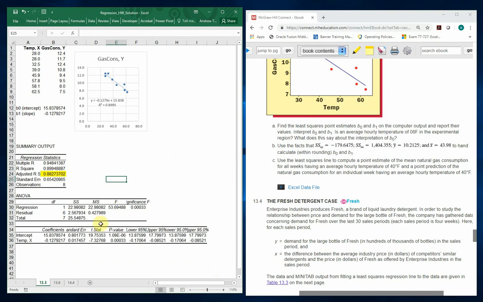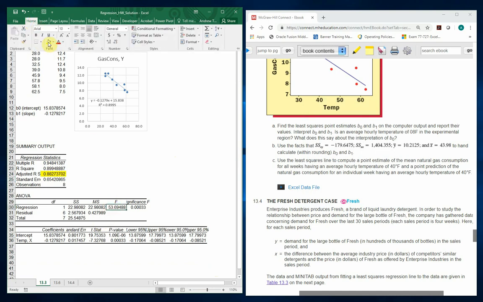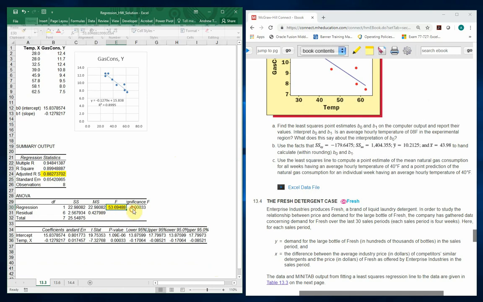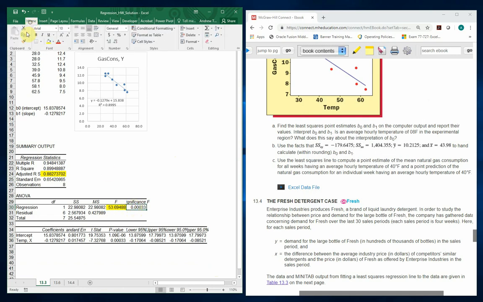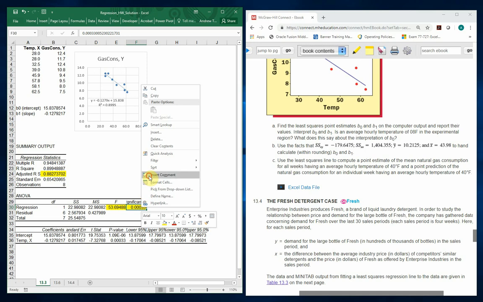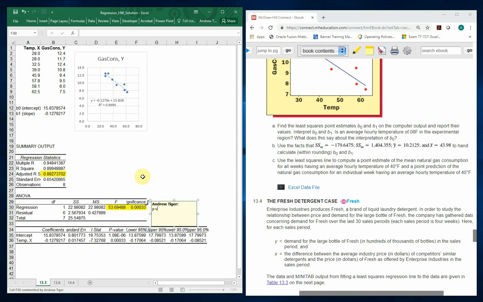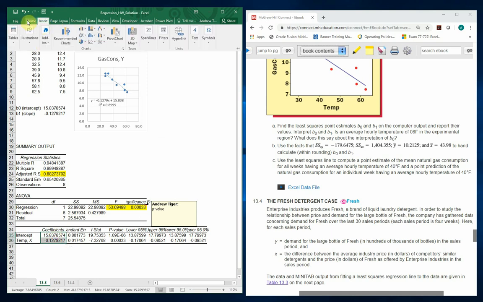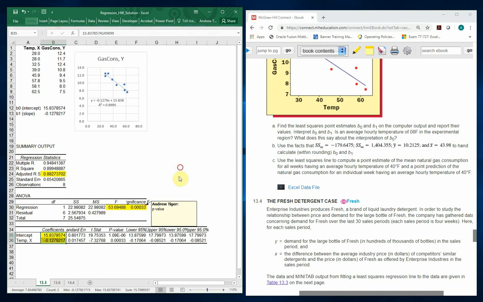But we also have some new information here. We've got this, and we got this. This is the p-value. We've got these two, which are the slope and the intercept, or intercept and slope.